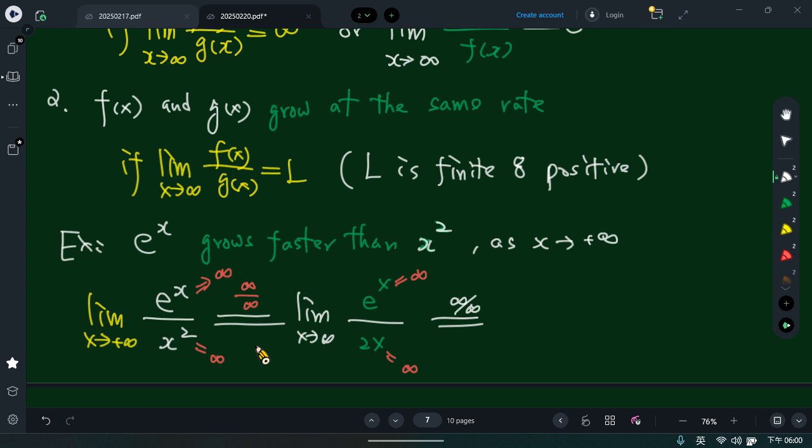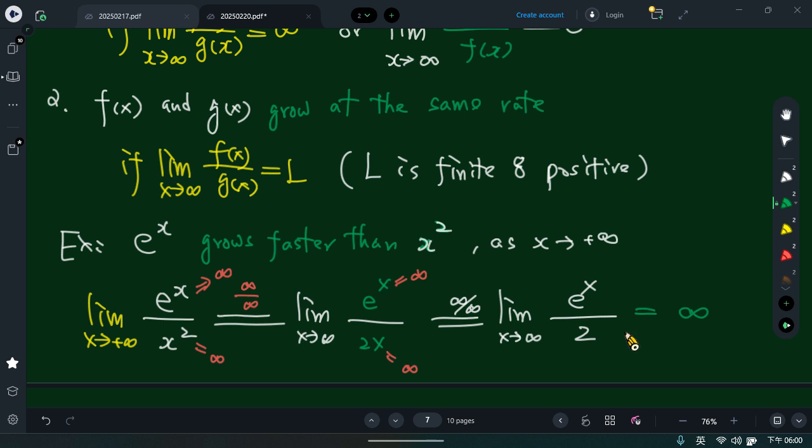Continuing to calculate the derivative, we get e to the power x over 2. Finally, the answer is infinity, because the numerator goes to infinity and the denominator is not 0, so we can stop here.